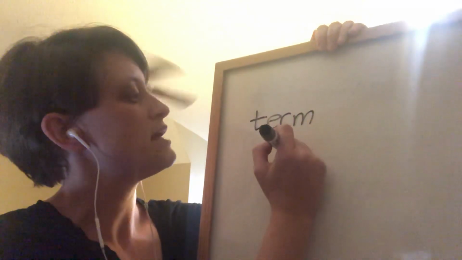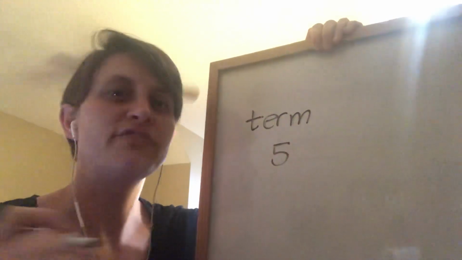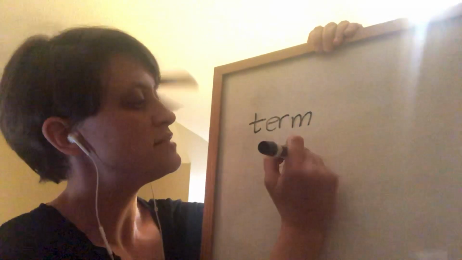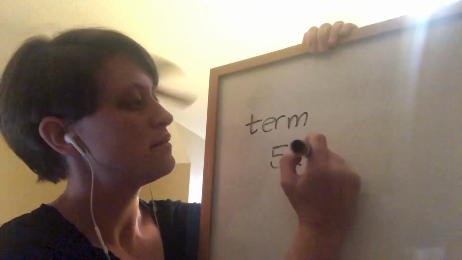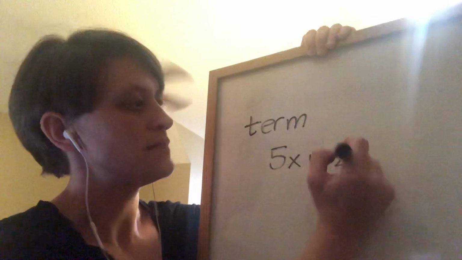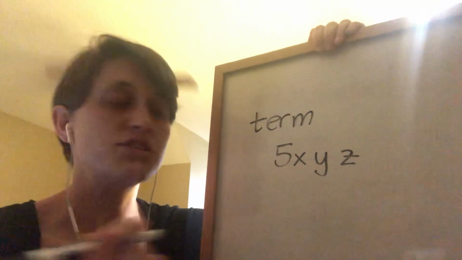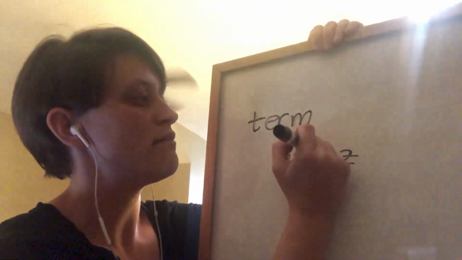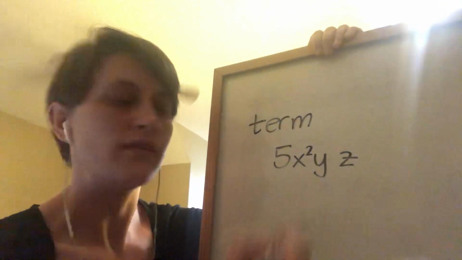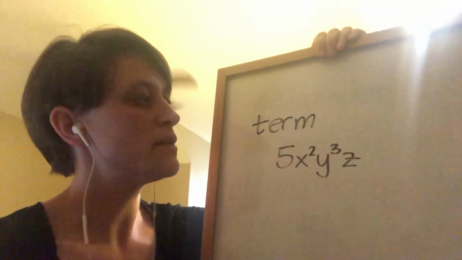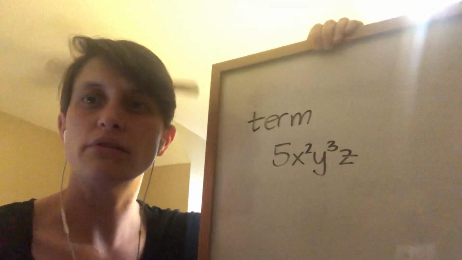What we want to do is think of a number, let's say 5. And then think of some variables, x, y, z, and then give them some non-negative integer exponents. So maybe we have an exponent of 2 on the x, an exponent of 3 on the y, and just an exponent of 1 on the z.